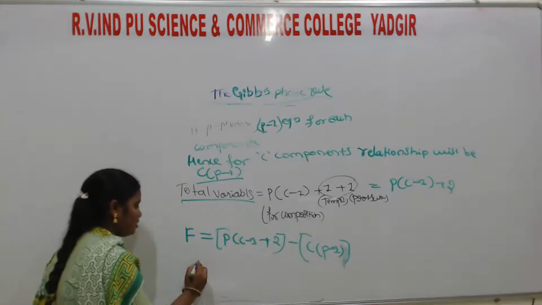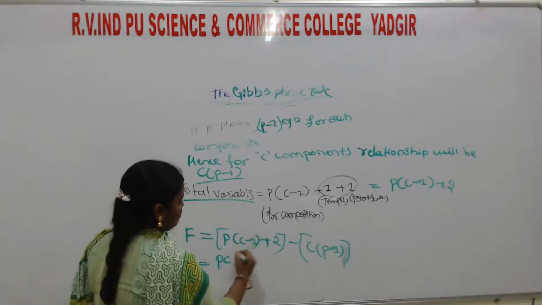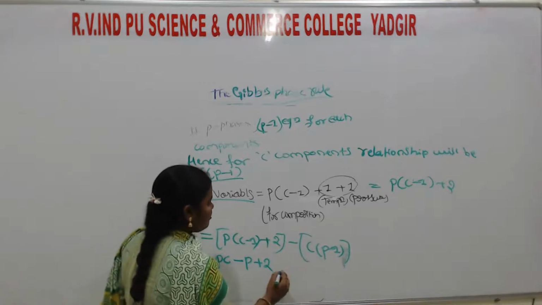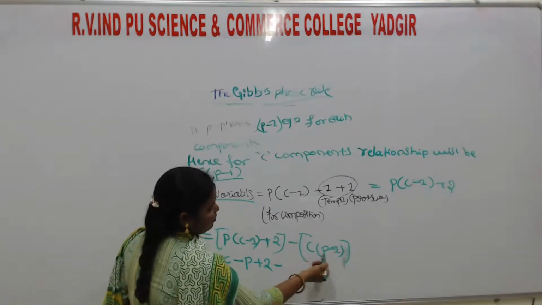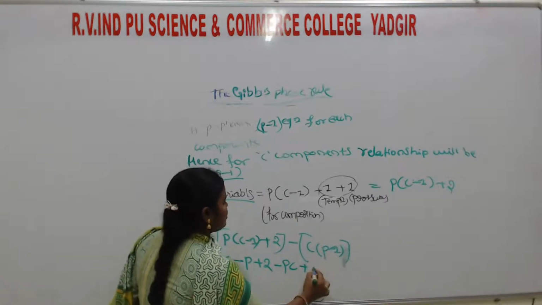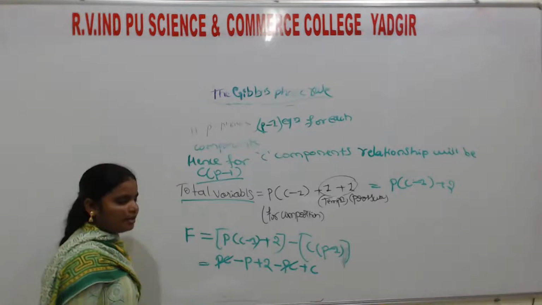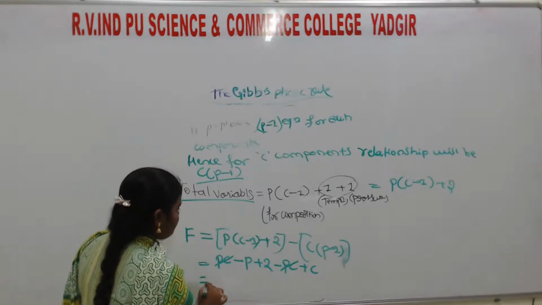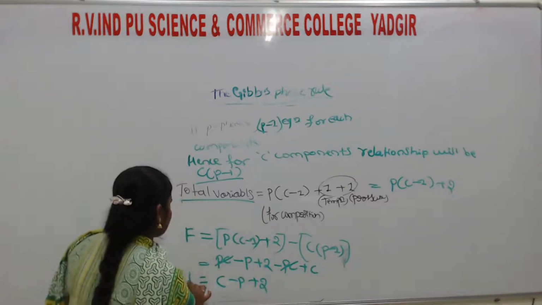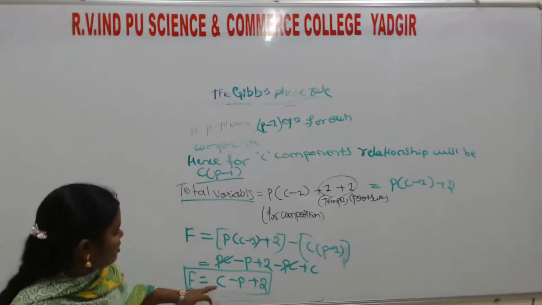Simplify this equation: PC minus P plus 2, minus CP plus C. PC and minus PC get cancelled, and we get C minus P plus 2. Here F is equal to C minus P plus 2.